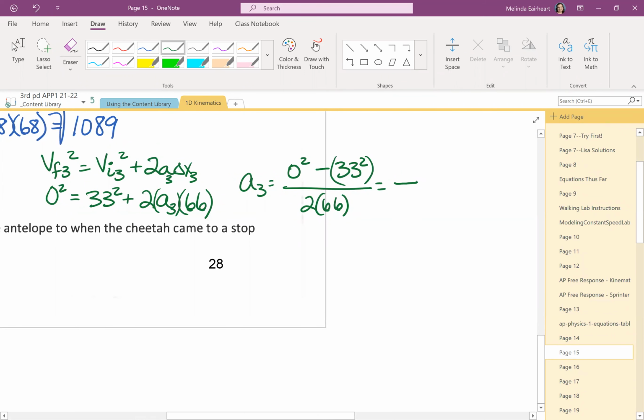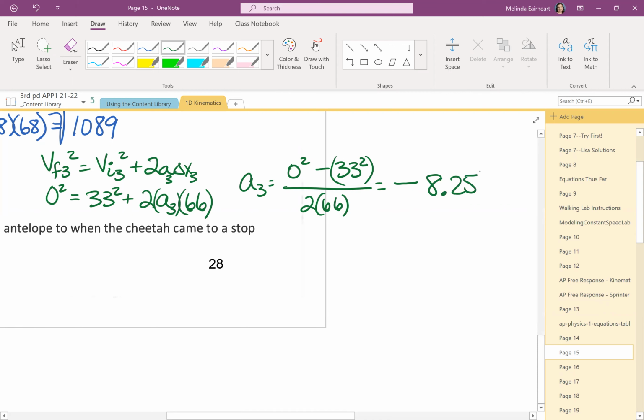What is the acceleration? It's kind of nice, it's not just a single number. What do we get? Well, what is the answer? 8.25.